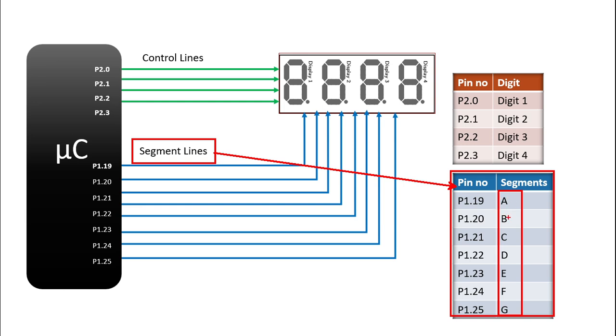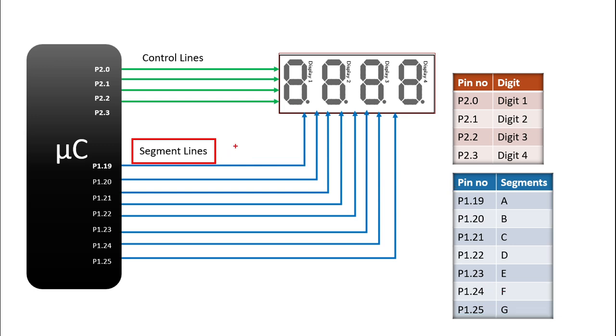You know that already. A, B, C, D, E, F, G. The naming we have given to the 7-segment is A to G, and each segment is mapped to one of the port pins, like 1.19, 20 and up to 25. So we have to send appropriate data to these port pins to enable the respective segment. This is the first point.